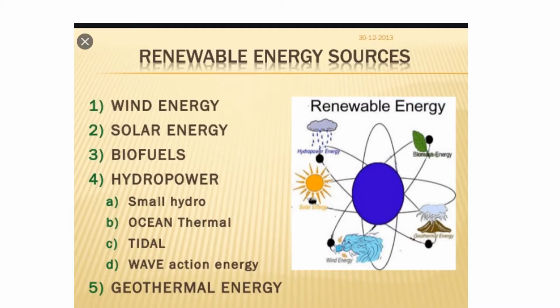Here we listed some of them: wind energy, solar energy, biofuels, hydropower or hydroelectricity, small hydroelectric power stations, ocean thermal energy (OTEC), tidal energy, wave energy, and geothermal energy. These are some forms of renewable energy sources.